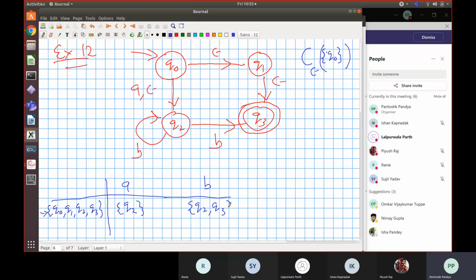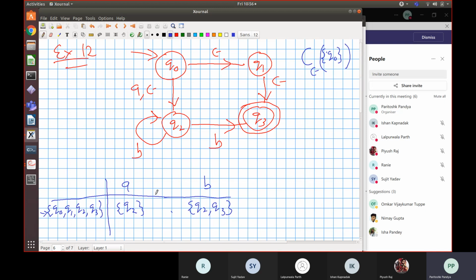And actually it is not enough to write this directly. I should take the epsilon closure of this. But it so happens that from Q2 there are no epsilon transitions, and from Q3 also there are no epsilon transitions, so this remains the same. But actually I have to take the closure of these sets that I reach, because I can take further epsilon transitions after making the lettered transition. So is that clear to you?